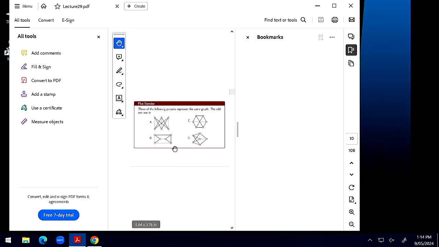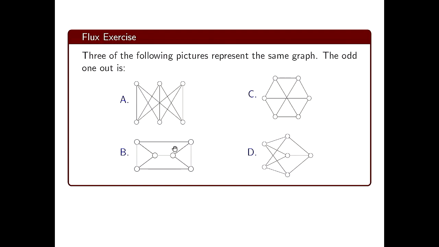Okay, so let's have a look. I do actually agree with the majority of you. I think the answer here is B. Probably the easiest way to see that is that B contains this triangle. We haven't formally defined what I mean by triangle.